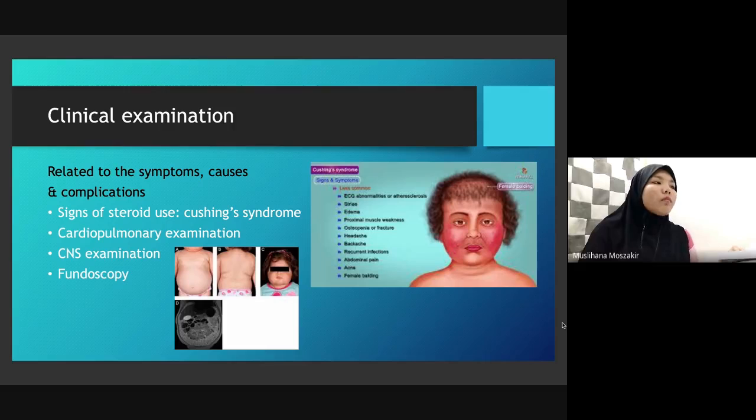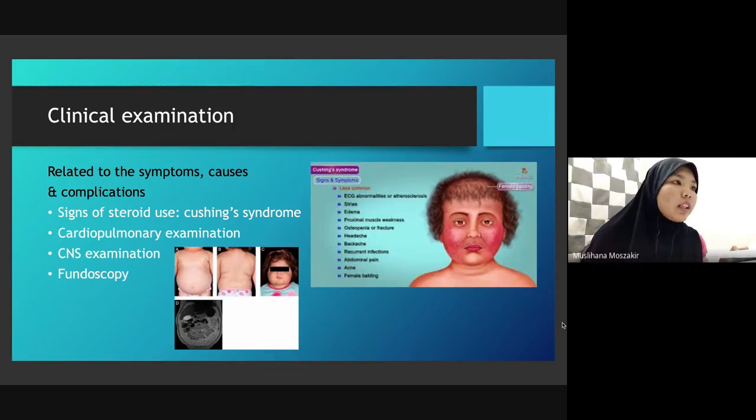From the cause, for example from the effect of steroid use, if the patient has an underlying kidney problem, for example nephrotic syndrome, that requires them to take corticosteroid, they might have signs of Cushing syndrome.